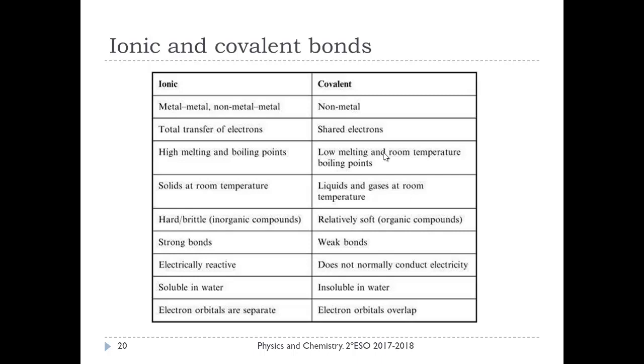For example, in ionic there is a total transfer of electrons, whereas in covalent they share electrons. Ionic bonds have high melting and boiling points, whereas covalent bonds have very low boiling and melting points.